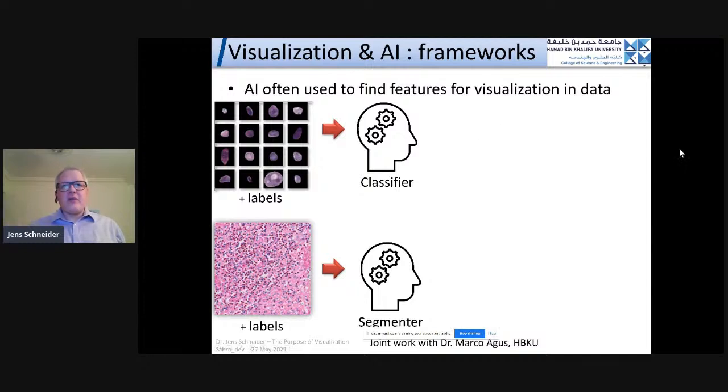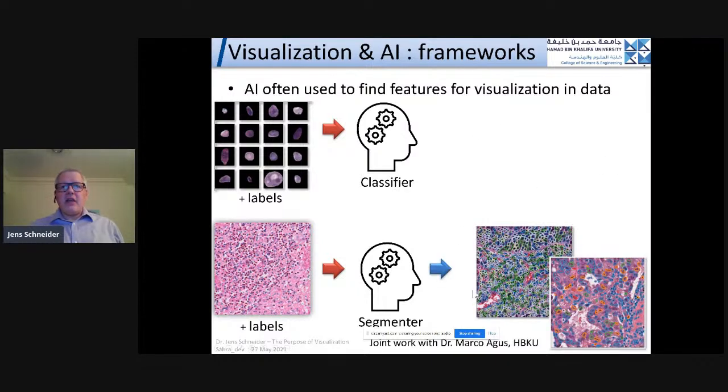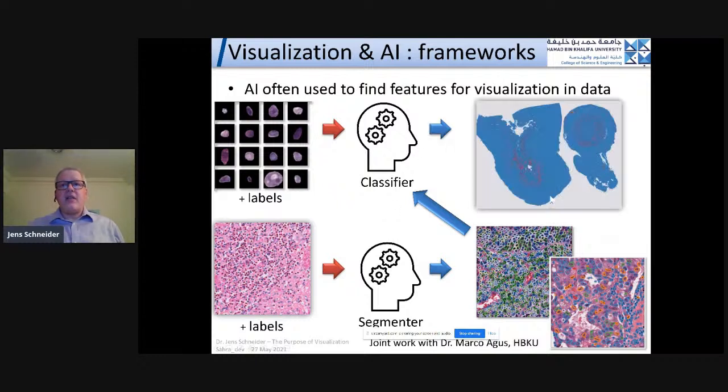We label them, and train a classifier. And then our segmenter, if we show it a new sample of tissue, finds the outlines of the cells. The outlines of the cells we give to the classifier, and then we get a final picture where we see structures. And here AI is integrated in the visualization pipeline because AI takes the data into something visual.